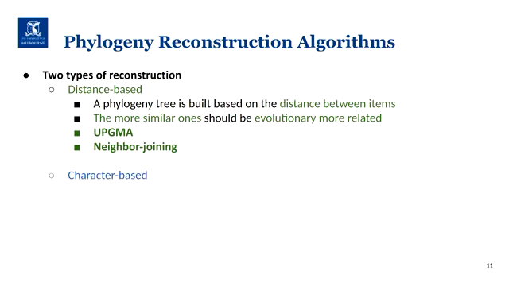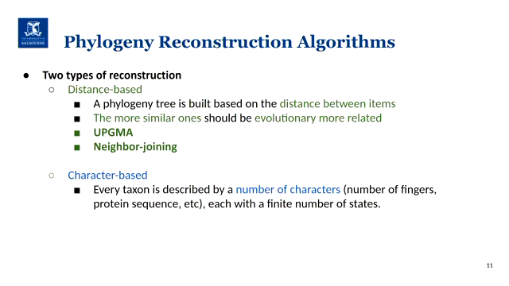And there is another class of reconstruction algorithms, which is character-based. For character-based, every taxon, sequence, or gene is described as a number of characters, let's say in an alignment, or even morphological attributes, and they each have a finite number of states. For instance, each character in a DNA sequence alignment will have 4 potential states.